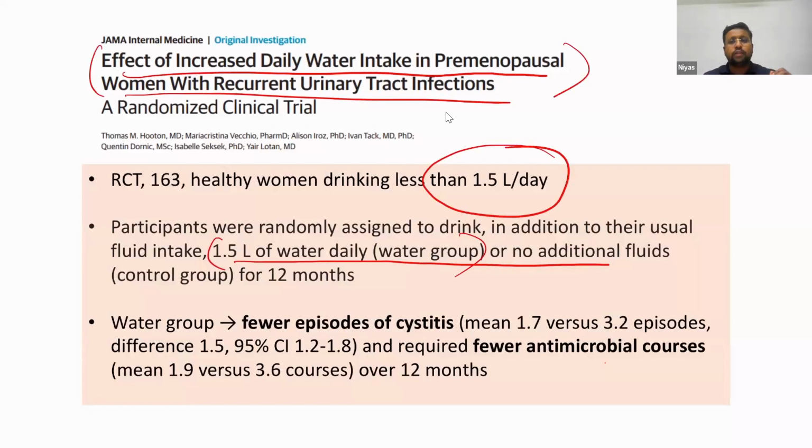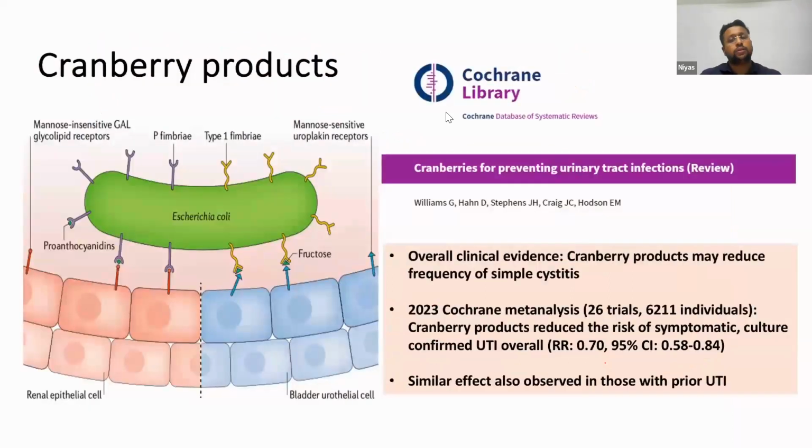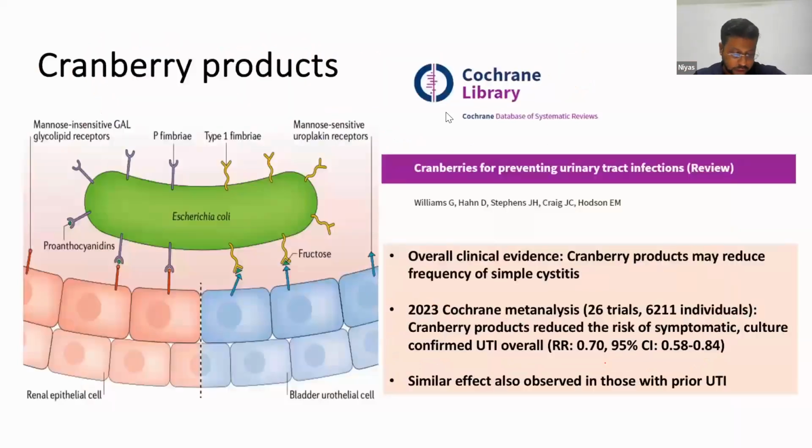It was found that patients who had an additional intake of water had fewer episodes of cystitis and fewer antimicrobial courses. So this is something that you can easily suggest to people. They can take around 2.5 to 3 liters of water per day. That can, in fact, decrease the risk of urinary tract infections.